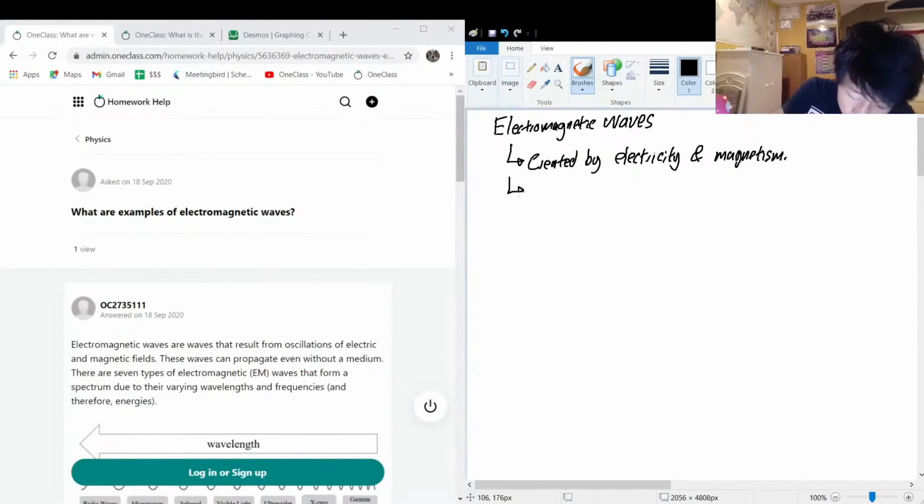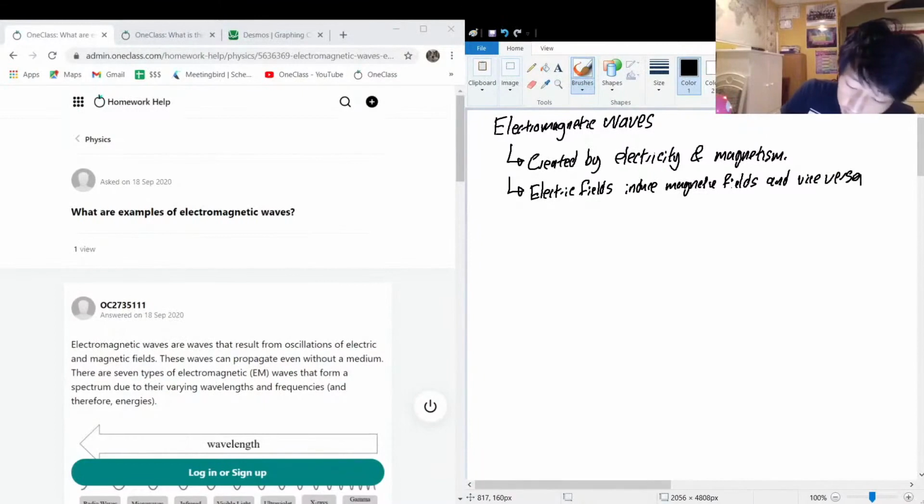So electric fields induce magnetic fields, and vice versa.